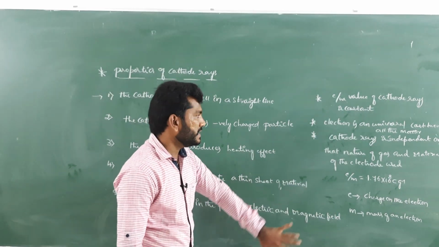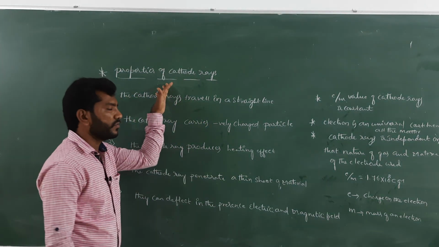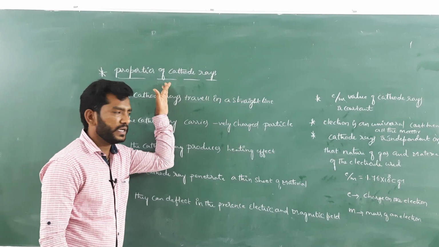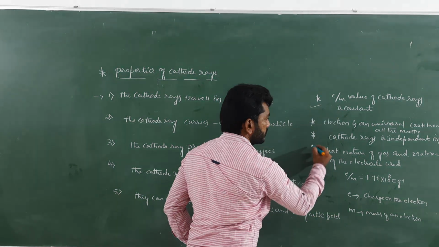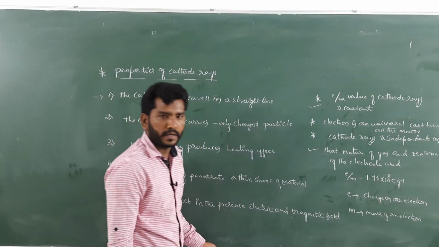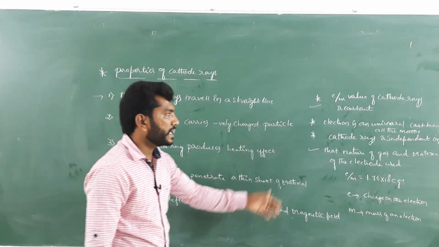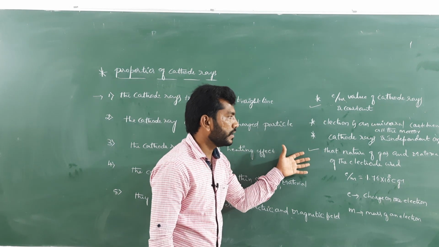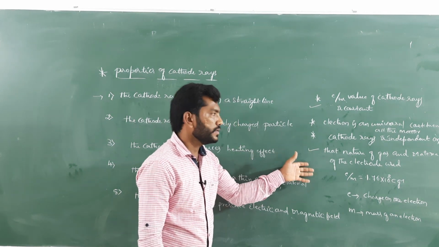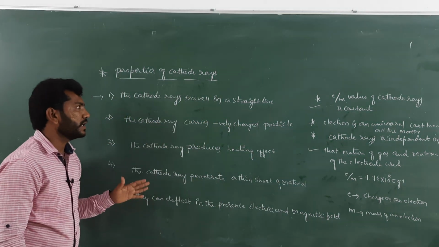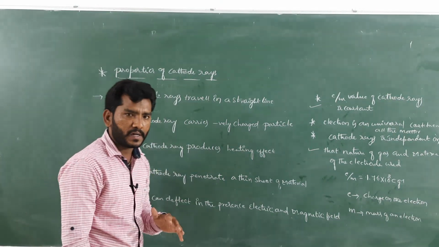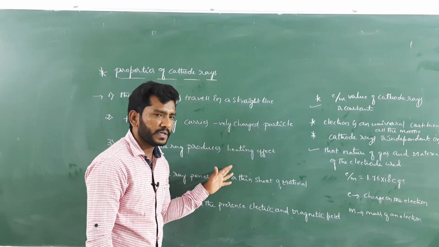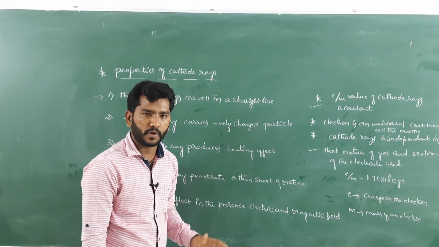Yes guys, this is all about the properties of cathode rays, very important. We have to always remember these things; you cannot neglect them. If you know the cathode ray properties, some properties are the same for anode rays also. That's why we have to be aware of these properties.